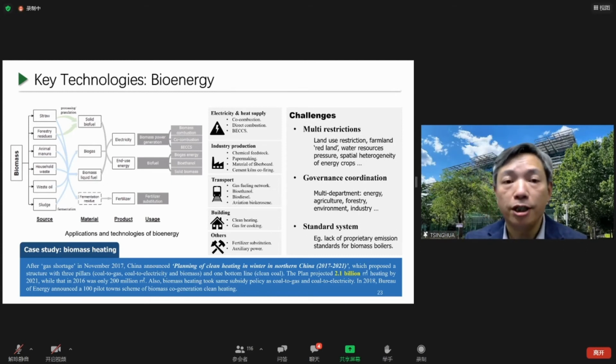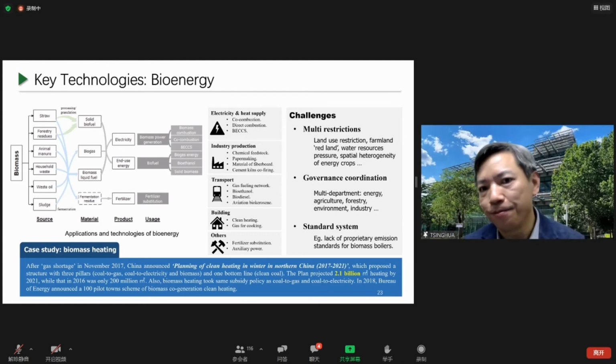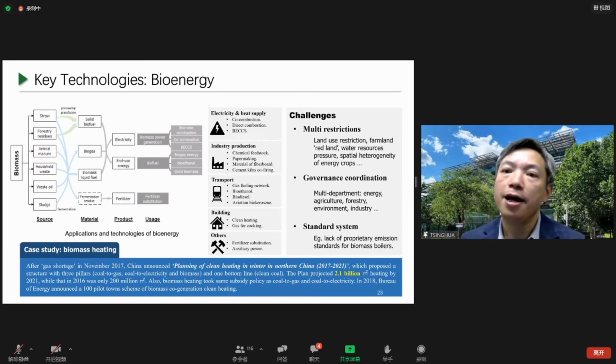So from this type of application, we can see one of the key advantages of bioenergy is that it can use existing infrastructure. For example, biomethane can use existing natural gas pipelines and end-user equipment, while many drop-in liquid biofuels can use existing oil distribution networks and be used in vehicles with only minor or limited alterations.